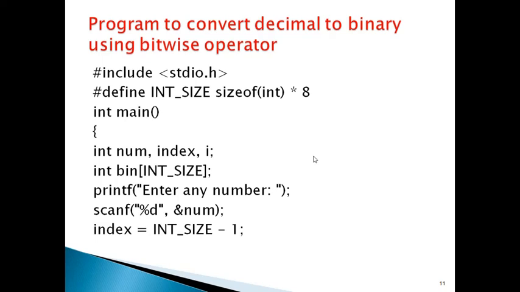In the next session, we will discuss arrays. Remember this point: an array stores similar type of elements under a common name. The array index starts from 0. Here, bin[INT_SIZE], bin is the array name. Within the square brackets, we wrote the size of the array.